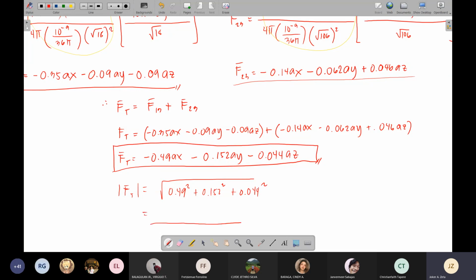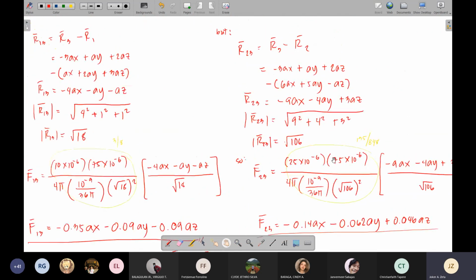So, ana na imong magnitude. Okay? The point is, kailangan nga ma-add sila in vector form. That's why it's called vectorial addition. Kini ang pinaka-importante, ang vectorial addition. Okay? Any questions?